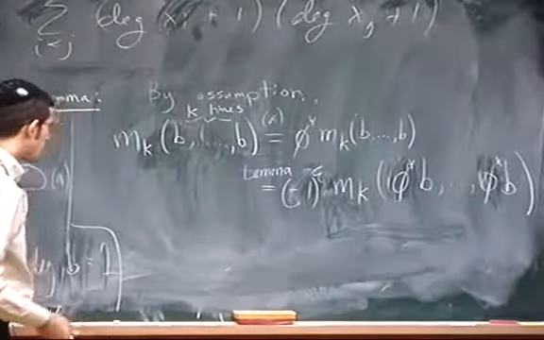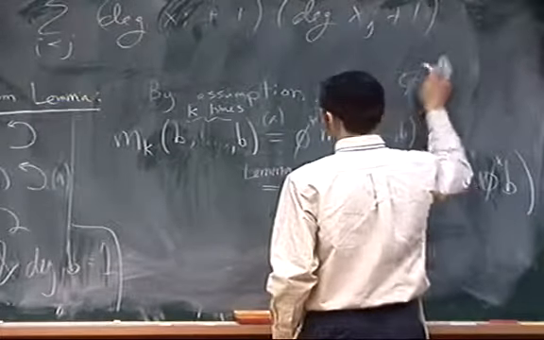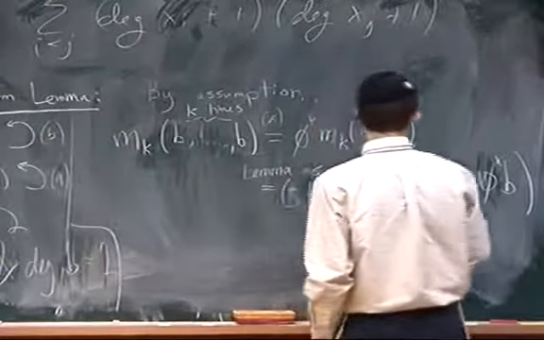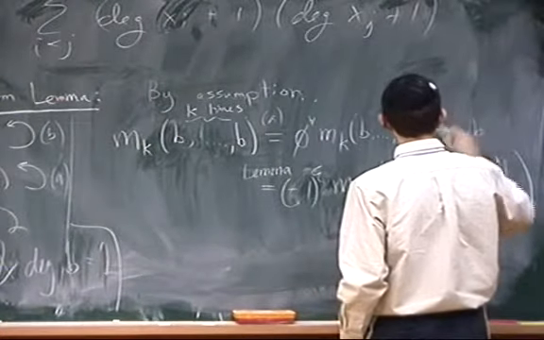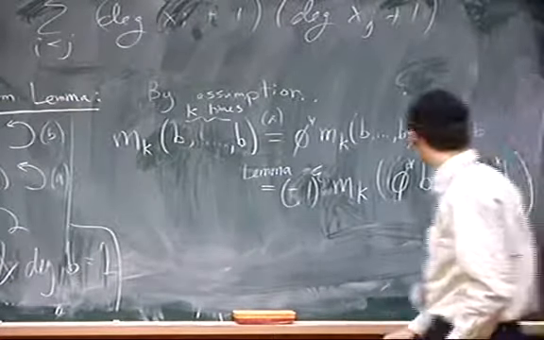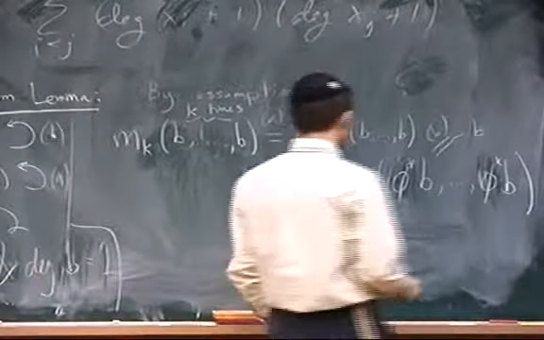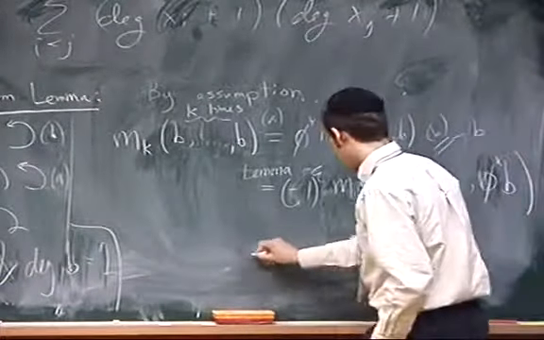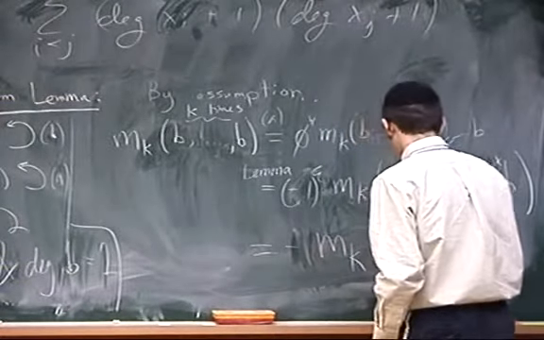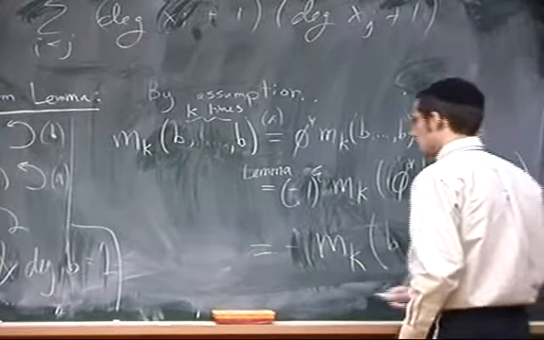And phi star b is just equal to minus b by this little observation. Then if one plugs in, one gets exactly minus mk of b, up to b.